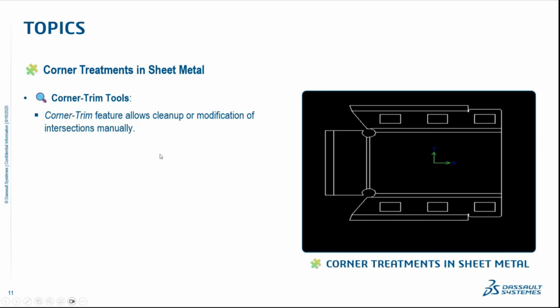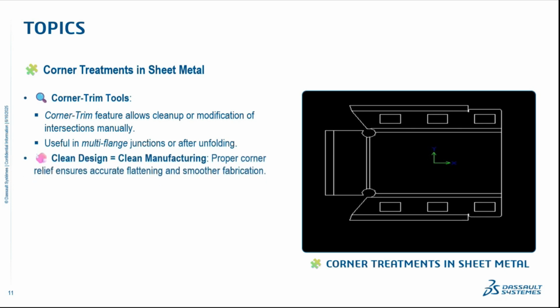It is useful for complex geometry where corner reliefs are not capable of relieving the whole stress and there is some friction happening between two corners of the same product or there is some material overlapping. How does it help? It helps in clean design, clean manufacturing, proper corner reliefs, and ensures accurate flattening and smooth fabrication, which is most important for our fabricators.